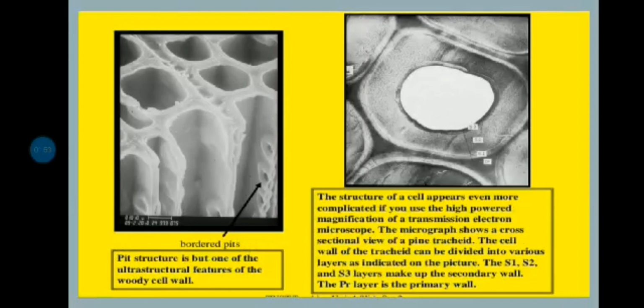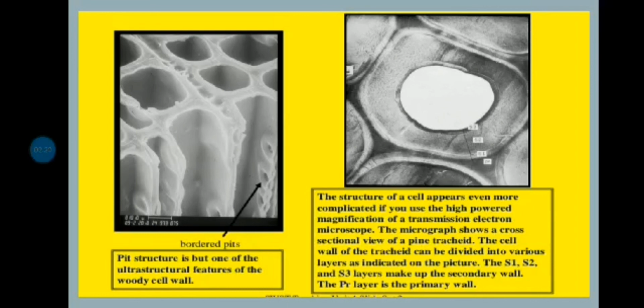Pit structure is but one of the ultrastructural features of the woody cell wall. The structure of a cell appears even more complicated if you use the high-powered magnification of a transmission electron microscope. The micrograph shows a cross-sectional view of a pine tracheid.